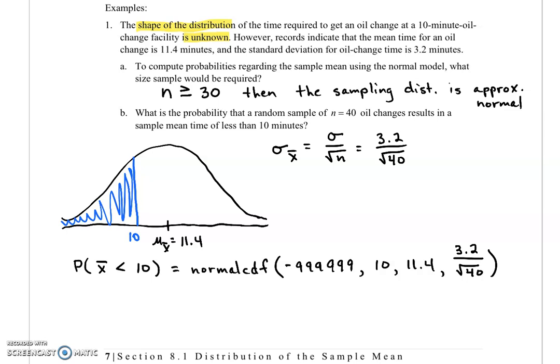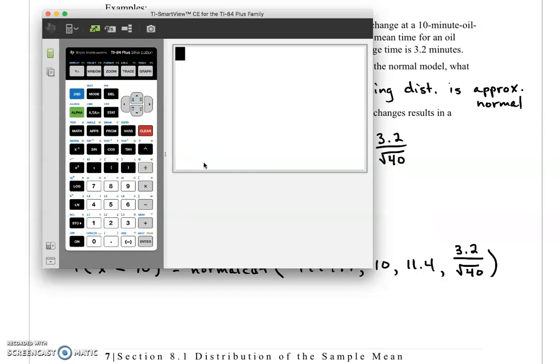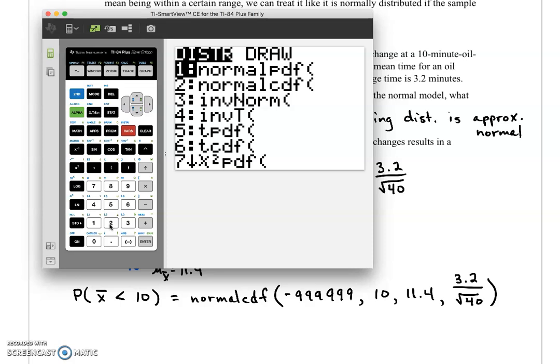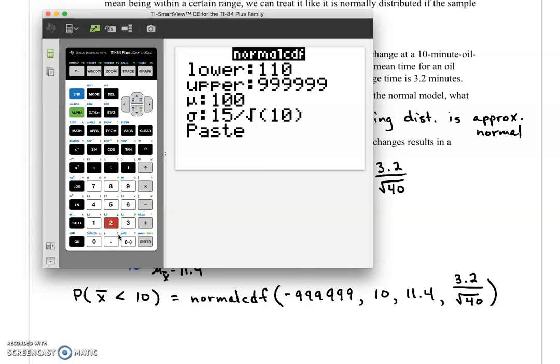So again, if we put that all in the calculator, second vars, number 2. We have negative, remember to use the negative key, not the subtract key, bunch of nines for the lower. The upper is 10.